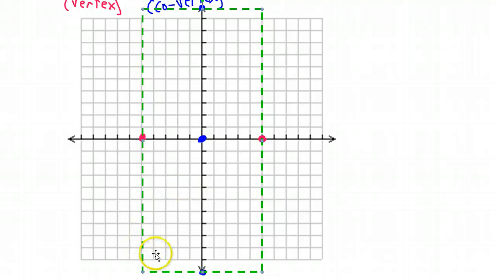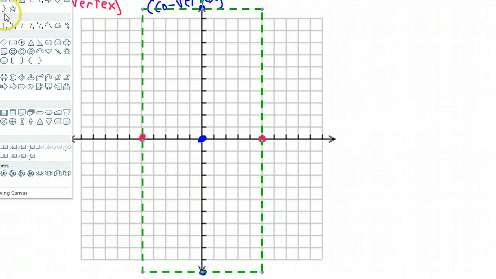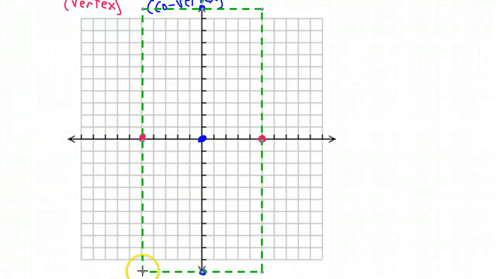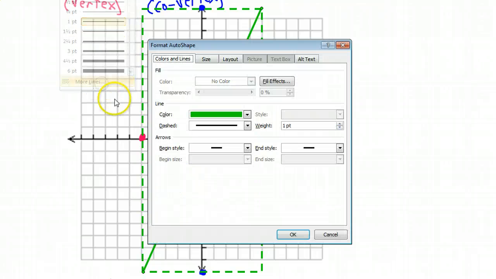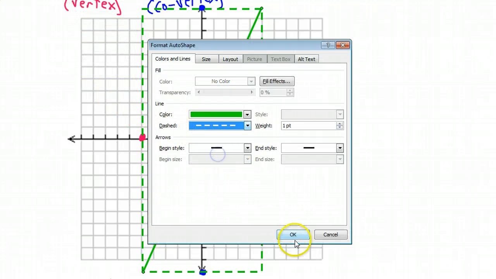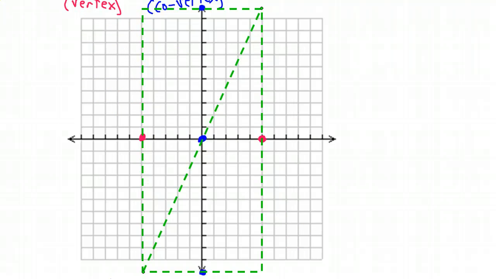All right, now the main purpose of the rectangle is to illustrate where the asymptotes are. So we will have asymptotes going through the diagonals of this rectangle. So this is going to be an asymptote. And I'm going to have an asymptote going the other way as well.